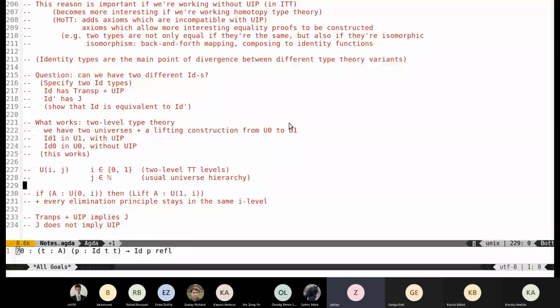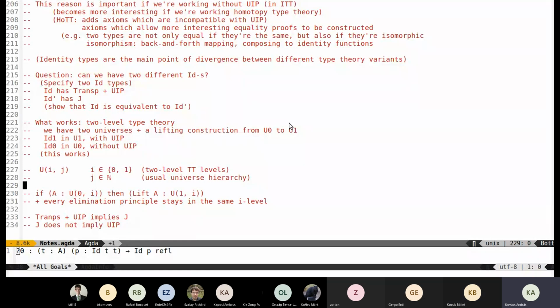If you have a single type theory where you have an ID type which satisfies transport and UIP, and another ID type that satisfies J, then your type theory proves that these two are in fact equivalent types and both satisfy all of these principles. Oh, that makes sense. Yeah, that makes sense. Okay, so only if both are present, then it's somehow complete. So we can prove that both support basically J and UIP and everything.